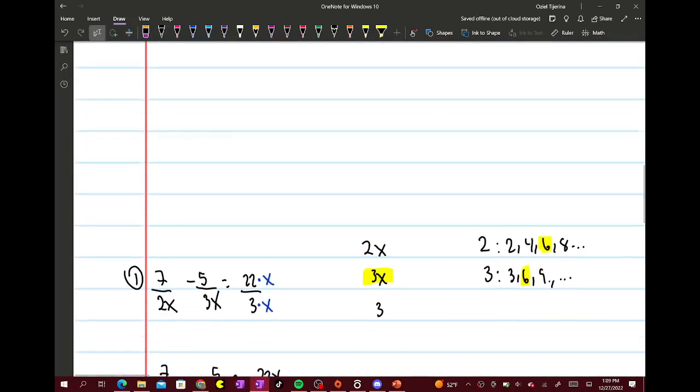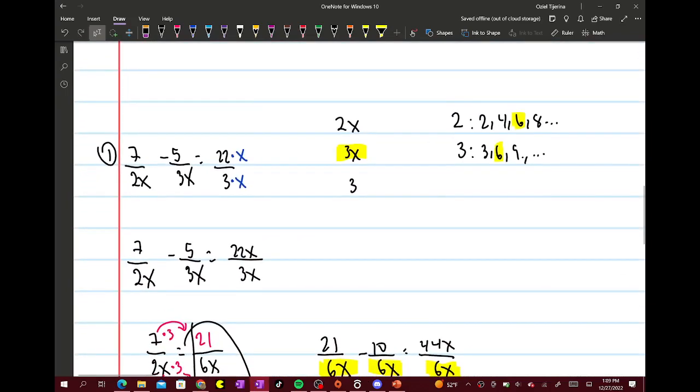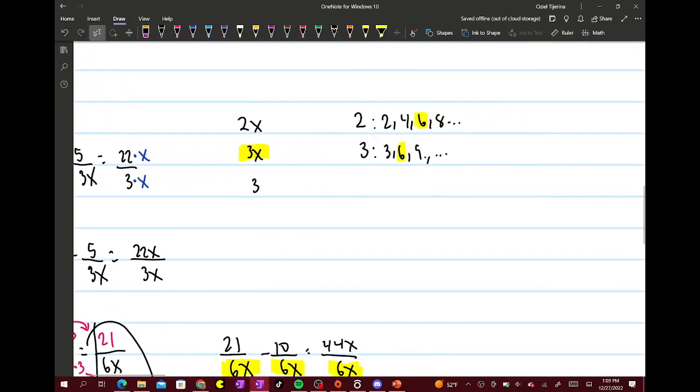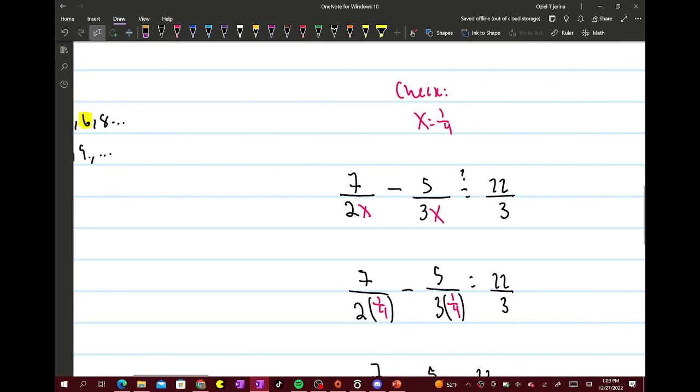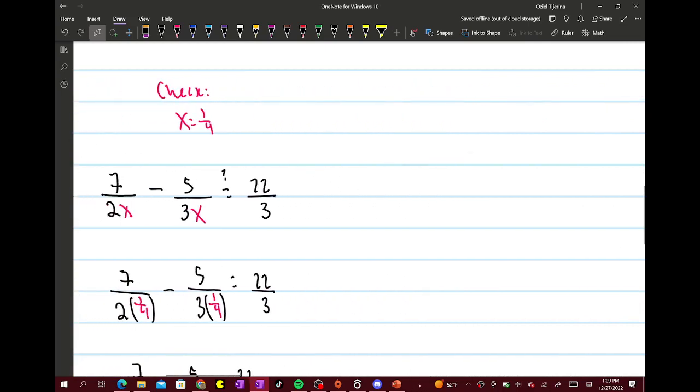There's another way to do this. Honestly, what you would do is you can just do cross multiplication. I usually like to do cross multiplication a lot because it saves me time.